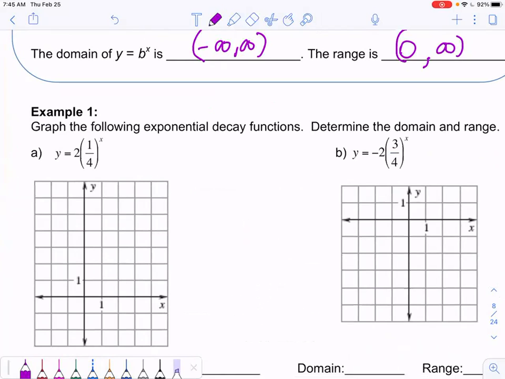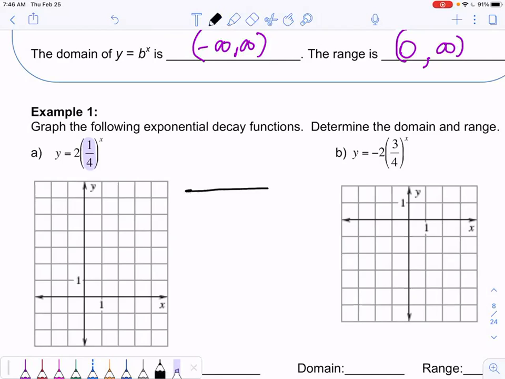How do I know it decays? Why is it a decay function? Jaden? Because 1/4 is between 0 and 1. So that B value, whatever's in the parentheses, that's what makes it grow or decay. So this is going to go down because it's 1/4. If it was 4, it should go up.